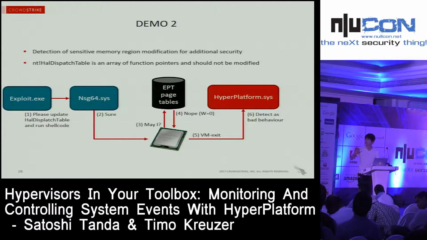But because we are setting that page as non-writable, we get a VM exit. Then we can do something meaningful, like protecting the system, or in this demo, we will just roll back the change. The program tries to change, and then we restore the change to disable that modification.